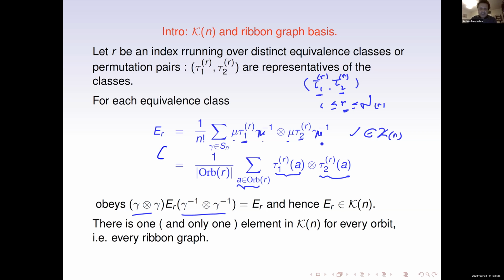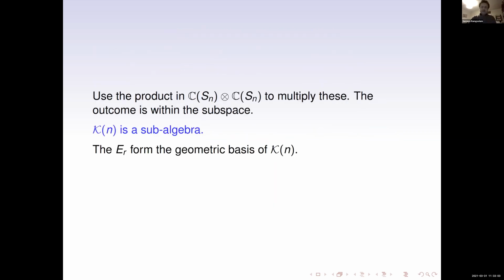So you can show these two things are the same. These live in the subspace, and when you multiply them, you get something else which has the same invariance. So it's actually a subalgebra of C of Sn tensor C of Sn, not just a subspace, but a subalgebra. These form a nice geometric basis, one for every ribbon graph.